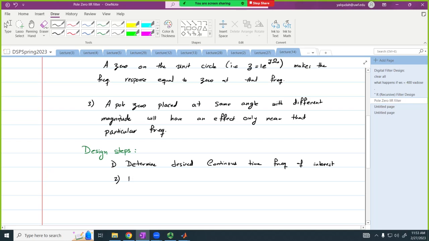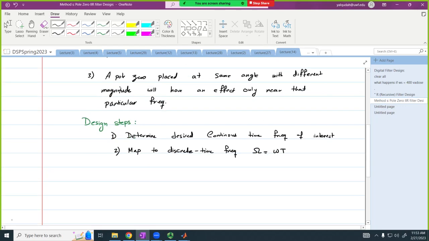And the second step, we're going to map to discrete frequency using omega equal W multiplied by T. And then we're going to place poles and zeros to achieve a desired shape.